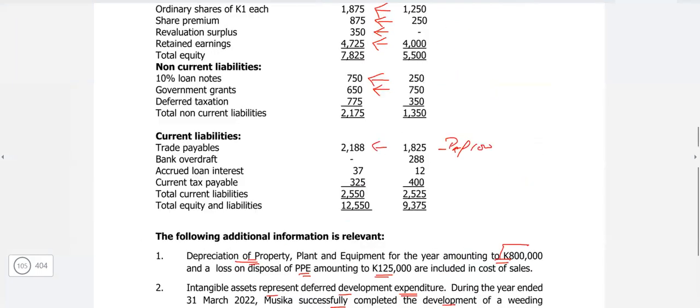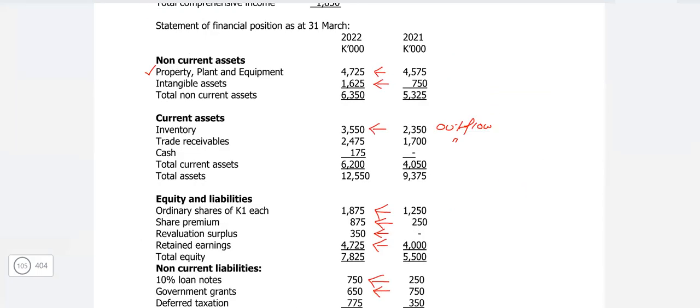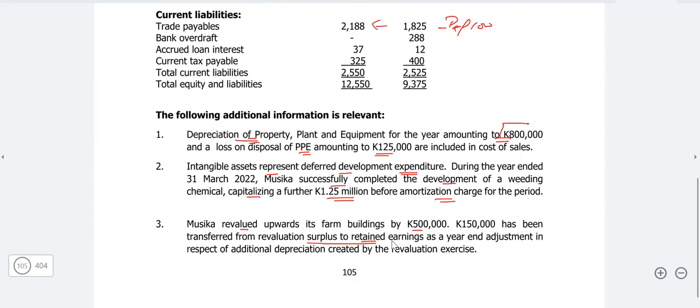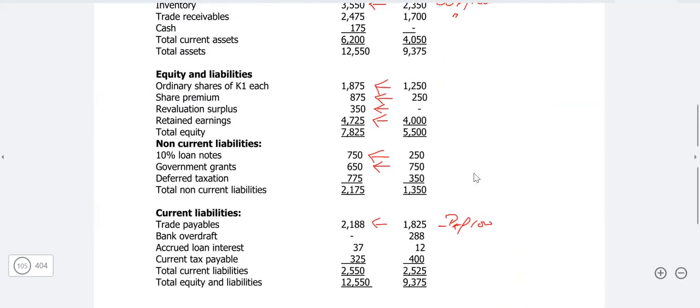If you see within the intangible asset account, the opening balance of the intangible asset is 750. The closing balance is 1625. And then it says within the question that ZICA successfully completed the development of a working capital, capitalizing 1.25 million, which is before the amortization charge for the period.